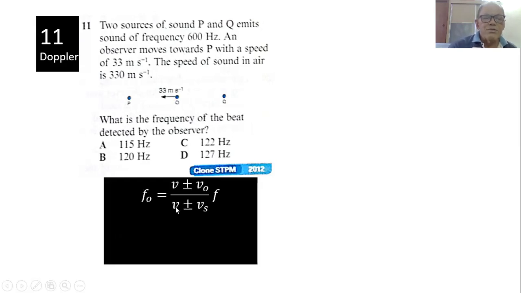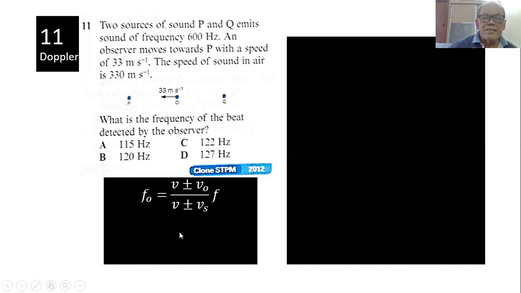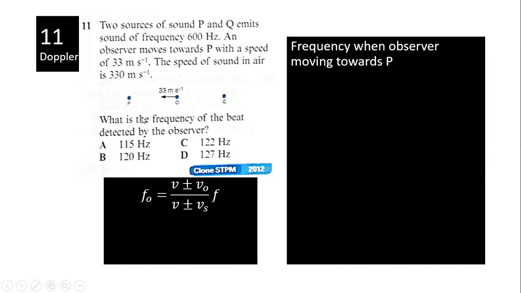Okay, you have to use this formula. The sound source is not moving, so you can treat it as 0. So for P, the observer is moving towards the source, so the frequency when the observer is moving towards.